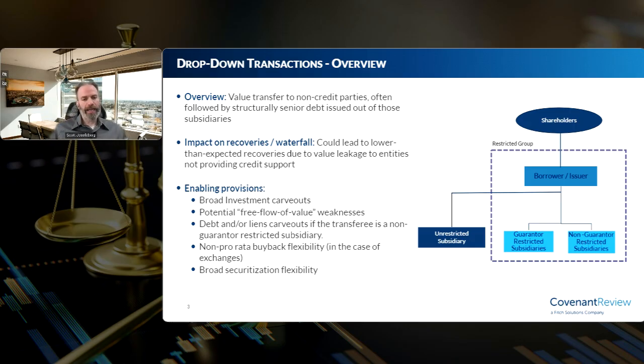These transactions were enabled because largely sponsors and issuers changed the way they think about unrestricted subsidiaries. The original idea was supposed to be that these are small pockets of value where it makes sense to do things outside of the strictures of the restrictive covenants, like if, for example, the issuer wanted to do a joint venture in China or something like that. These were supposed to be limited pockets of value for that kind of thing.